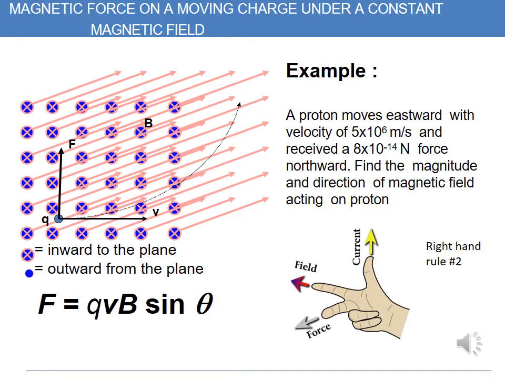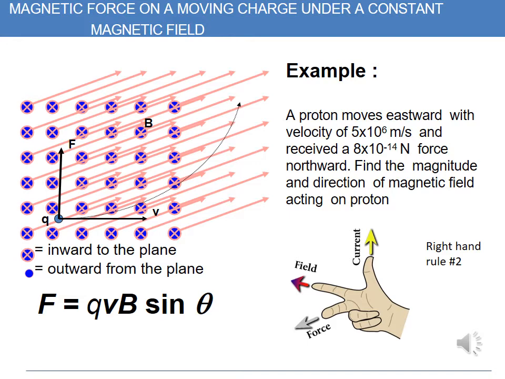If the velocity is parallel, in the same direction, or anti-parallel, in the opposite direction, with the external magnetic field, no magnetic force is created, since sine 0 and sine 180 degrees are 0. We can use right-hand rule number 2 here, as shown in the figure below.